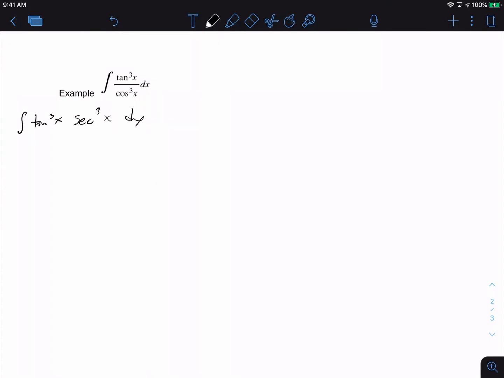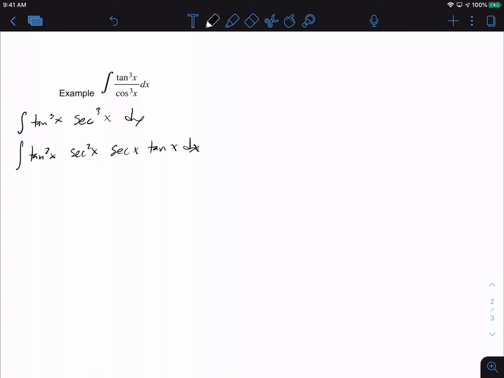And so from here, from some of the rules that we learned earlier in this chapter, we know that I can break this up to become tangent squared x secant squared x, and then get secant x tangent x dx, correct?